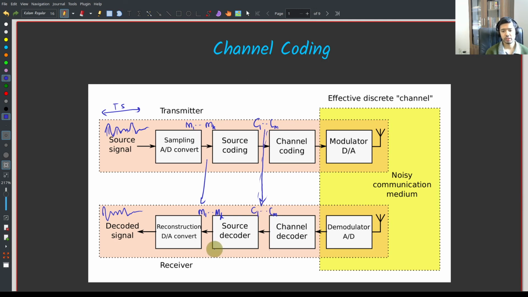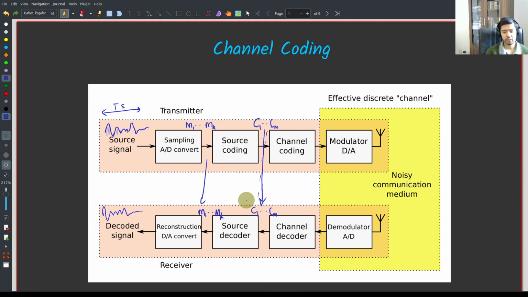This is going to be the dual of the source coding block. The goal of the source coding block was to remove whatever redundancy was there in the system. For example, when you had a Bernoulli P source where P is much smaller than half, very close to 0, then you know that a length n sequence contains much fewer than n bits of information.